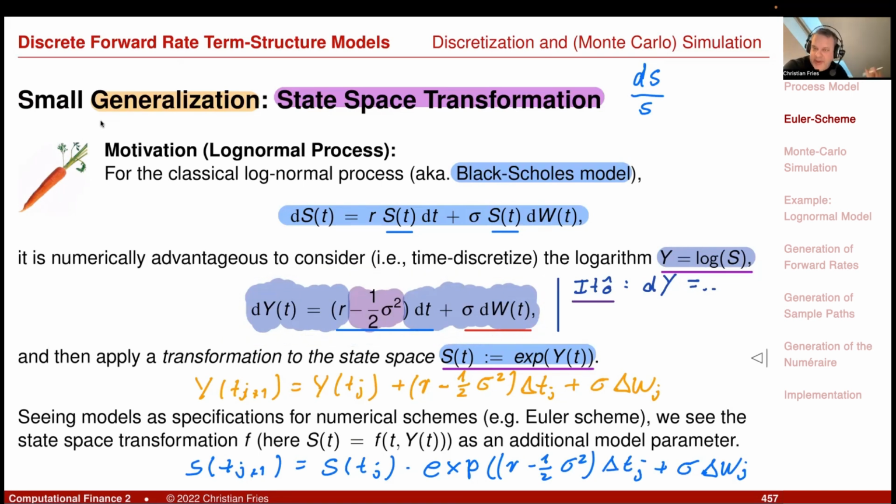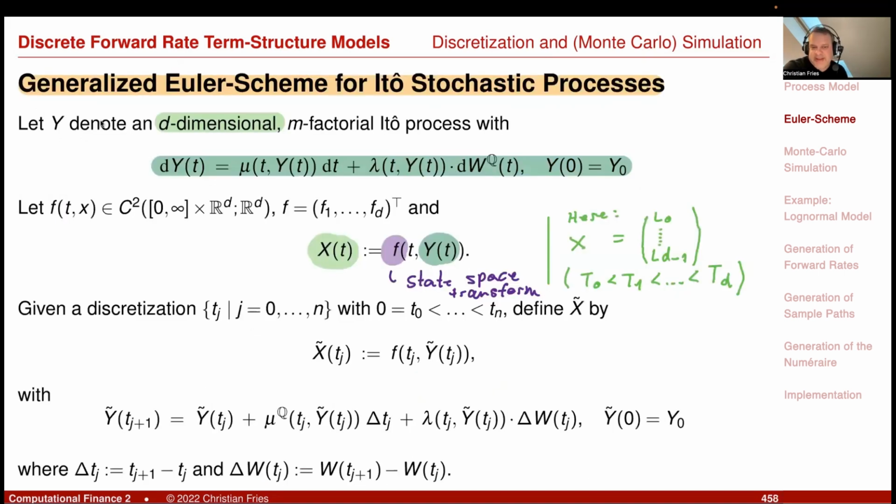And I know that my interest rate curve, my model primitives, my forward rates are a function of these random variables at certain times. Now I have the task to discretize the stochastic process y by an Euler scheme. The m-factorial on top refers to the fact that my Brownian increment is also considered to be a vector. This is a vector of m independent Brownian drivers.